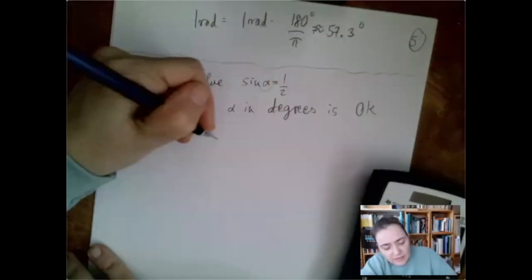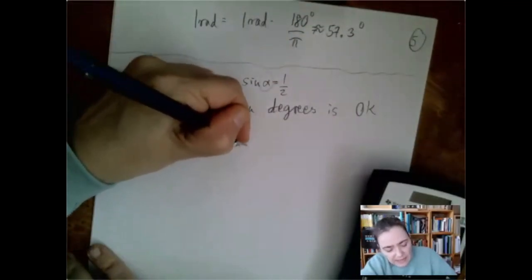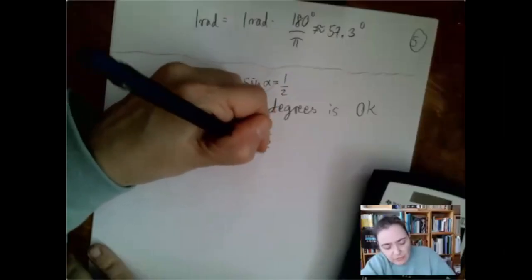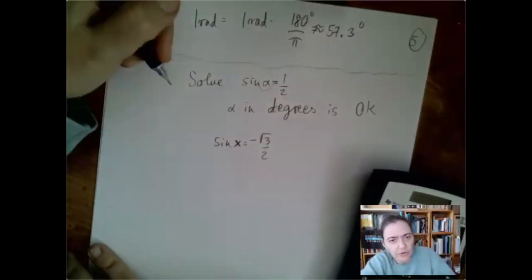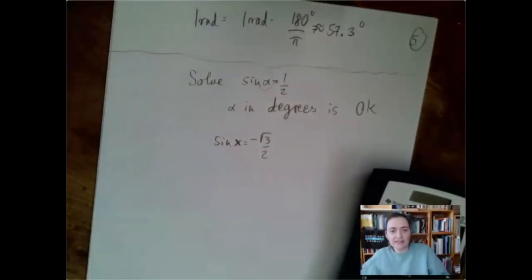But when you see something like sine x equals minus square root of 3 over 2, where x is a real number, then that usually suggests, and that's usually the rule, that you should present your answer in radians. To this day, I pretty much think in degrees, and I solve the problem to the bitter end in degrees, and at the very last step, I just convert it to radians.